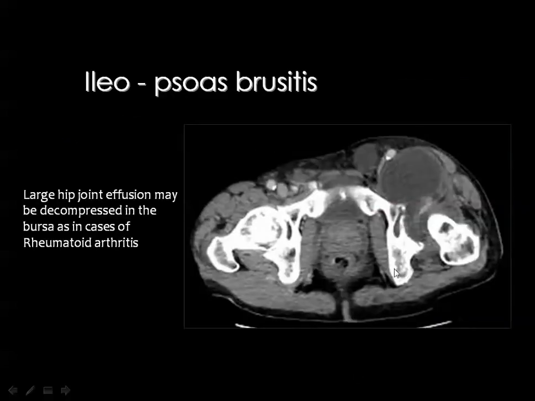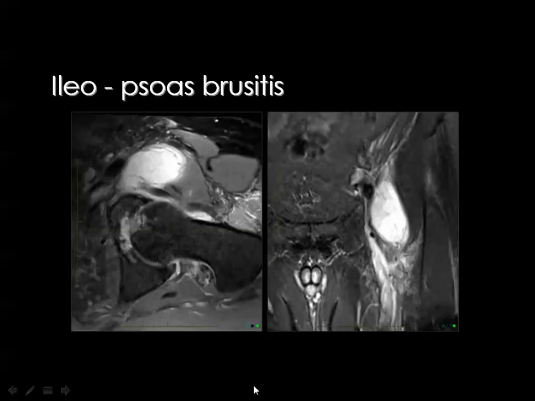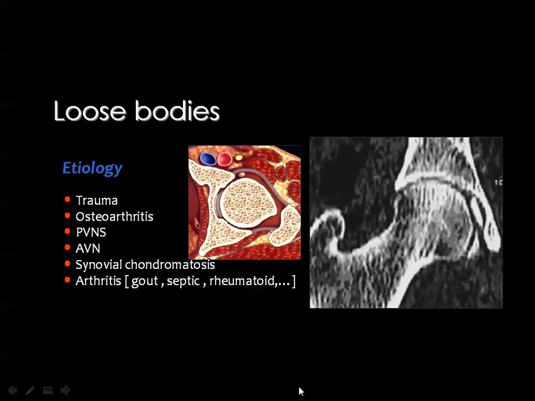And you can see here there is a large hip joint effusion extending, filling the iliopsoas bursa in this patient known to have rheumatoid arthritis. This is MRI axial and coronal views showing the iliopsoas bursa, which is filled by high signal fluid.